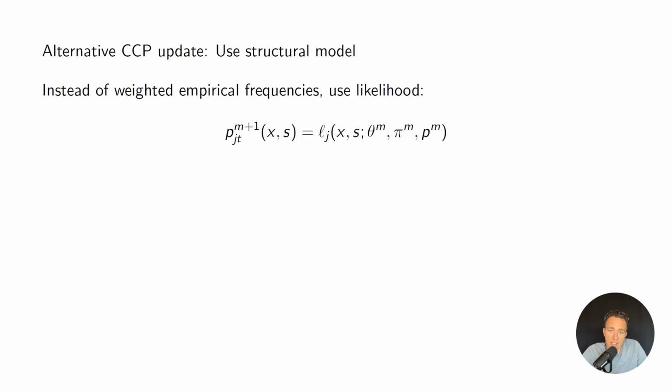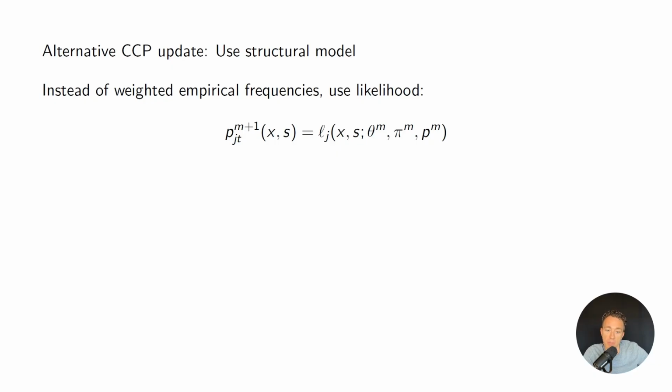And then just as an aside, there's an alternative where we can update our CCPs using the structural model instead of the weighted empirical frequencies. So we can use the likelihood of the model to update the CCPs, or we can just use a pure data-driven non-parametric CCP estimator, or we can use something in between the two.